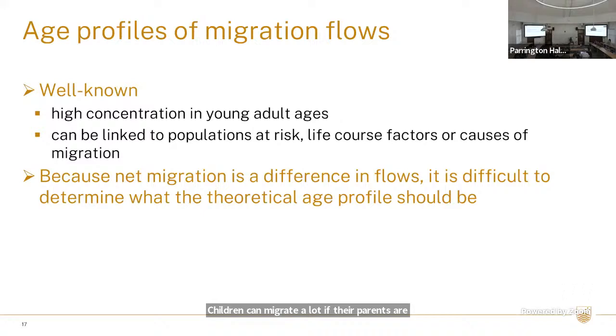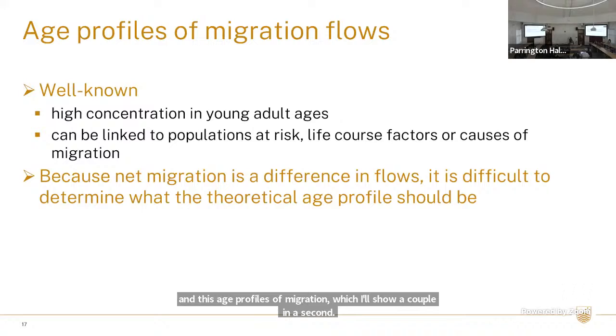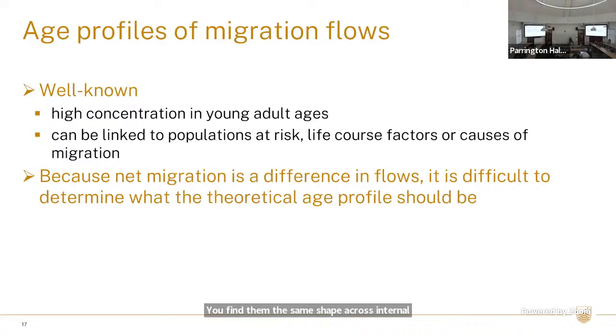These age profiles of migration, which I'll show a couple of in a second, you find the same shape across internal migration and international migration. So it made sense to me to focus more on the flows and use that strength to then infer net migration.